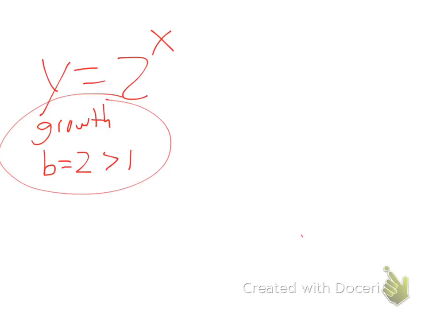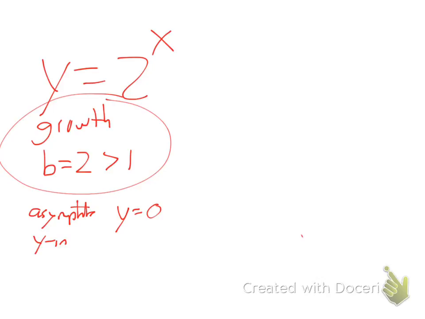Now the reason why I identified it's growth, that means my extra point, what's the value going in? It's 1. We only have two choices, -1 or 1. So let's look at the options. There are three things I needed. One was the asymptote, and that is y equals 0.